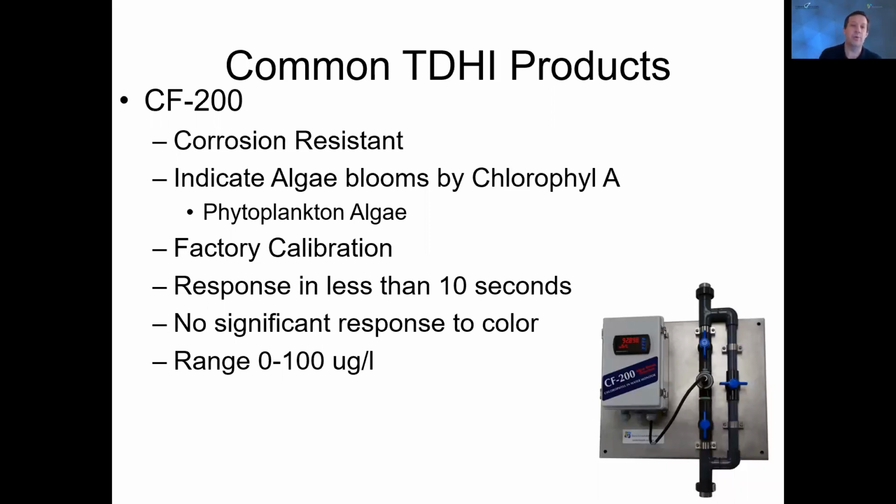For freshwater, we would do a slightly higher range, but for seawater, 0 to 100 is the common range. What we've seen is usually globally 2 to 10 micrograms per liter of chlorophyll A is what is common in seawater. So 100 micrograms per liter is 10 times normal, which would obviously be a significant bloom.